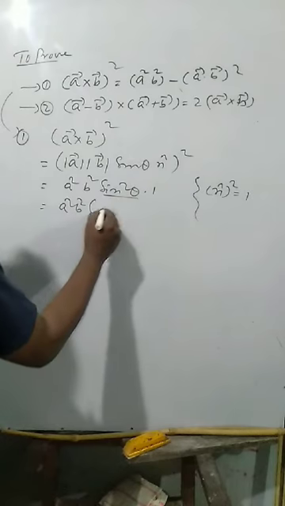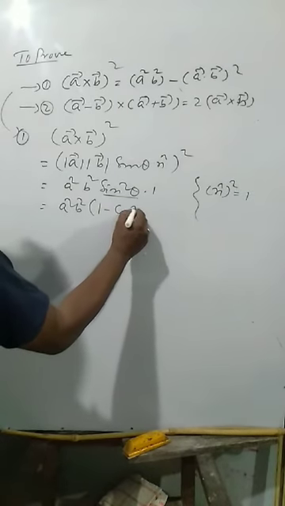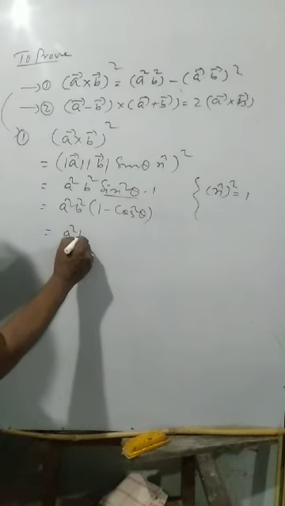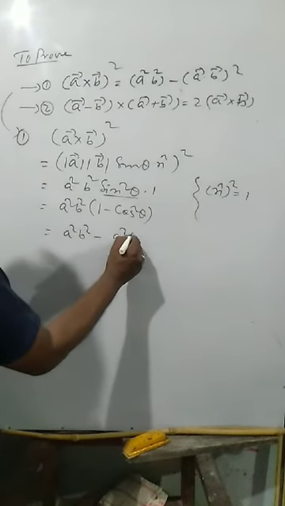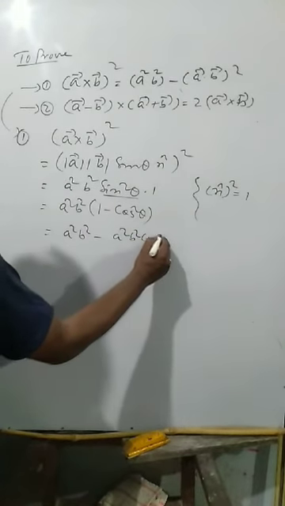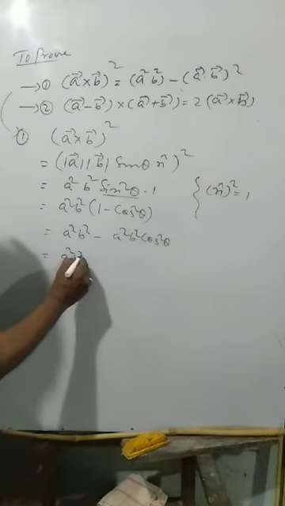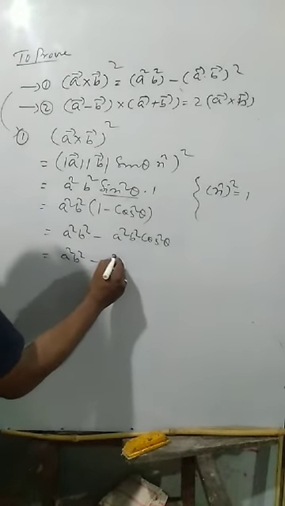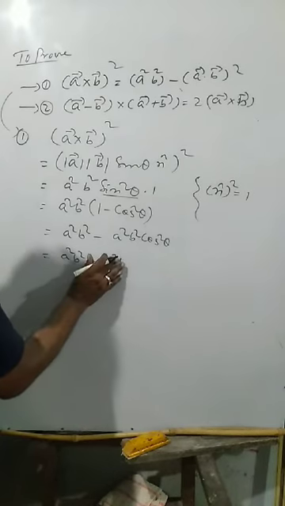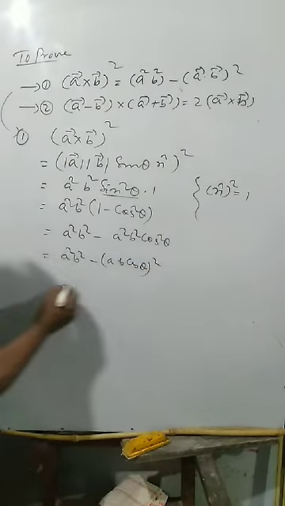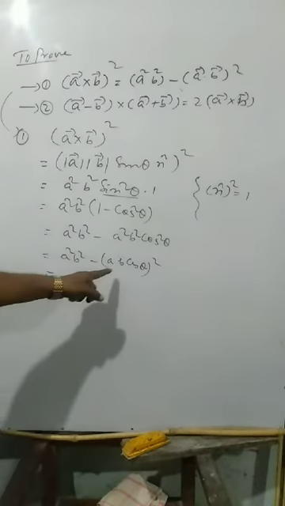Instead of sin square theta you write 1 minus cos square theta. Now you multiply, then you get A square B square minus A square B square cos square theta. So this is A square B square minus AB cos theta whole square.